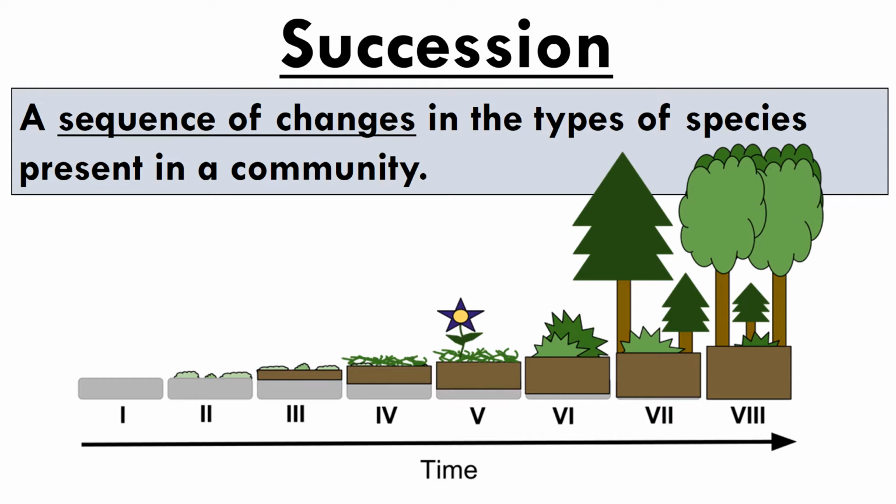So community, I'm hoping you remember from National 5 biology, it's all the plants and animals within an ecosystem. So you can see in here at the beginning, you've maybe got moss and lichen, and then by the end, as you go further on, grass, wildflowers, and then we have different species of tree.